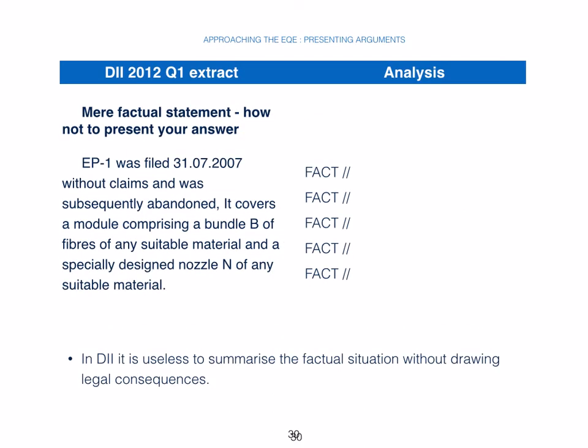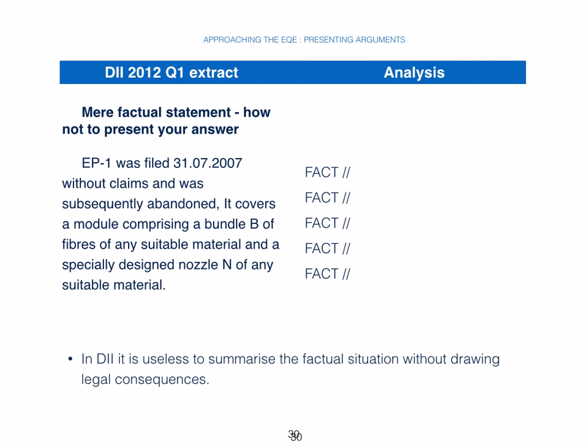Here is how not to present your answer for D2. A mere factual statement or a summary of the facts from the question without any legal consequences. EP1 was filed 31st of July 2007 without claims and was subsequently abandoned.